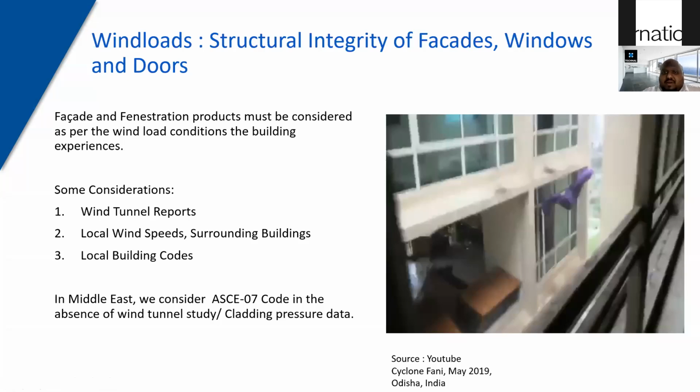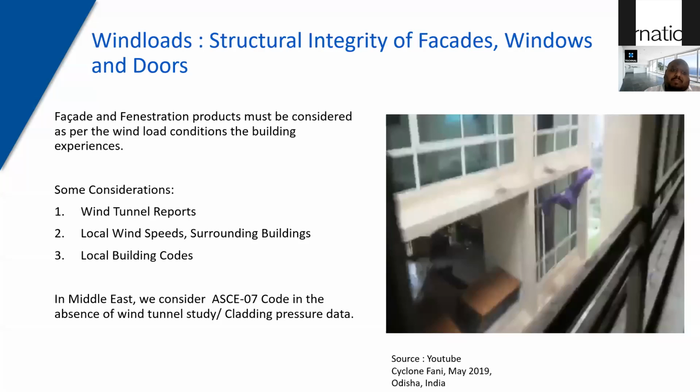Today, we have a lot of options available. We can do a CFD analysis. You can do desktop assessments as well to understand the kind of wind pressure the cladding will experience. So it's important to have that basic criteria. In the absence of the report, you have to look at the local wind speed. Traditionally in the UAE, we follow 45 meters per second, that is 160 kilometers per hour.